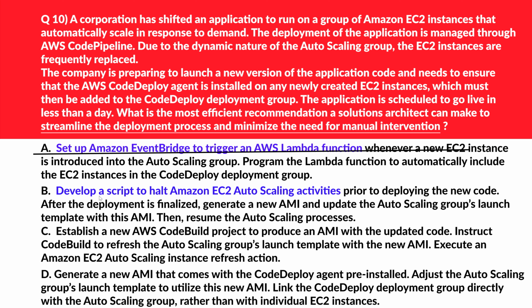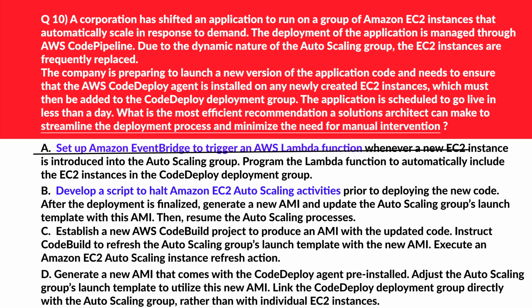B says develop a script to halt, meaning to stop, Amazon EC2 auto-scaling activities. So writing a script to suspend and resume auto-scaling operations introduces manual steps. And manual steps, in our day-to-day activities, are the enemy, because they can lead to human error as well, right?